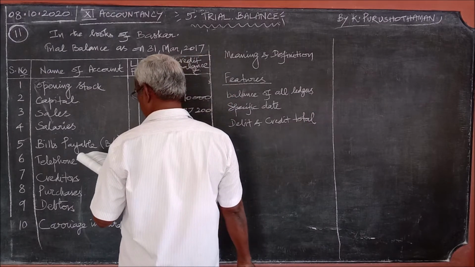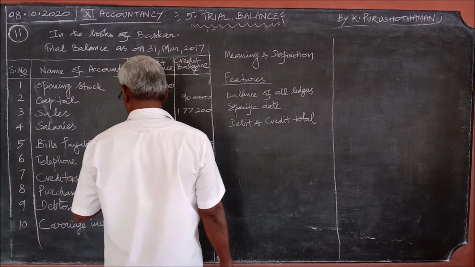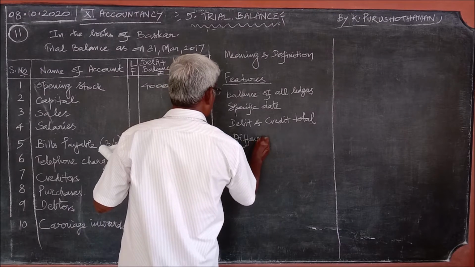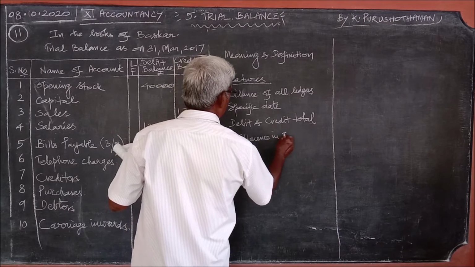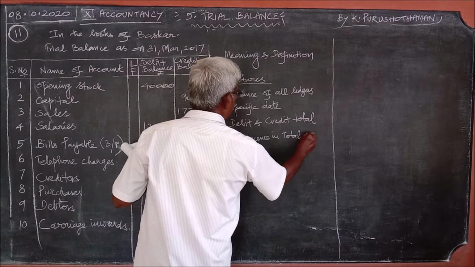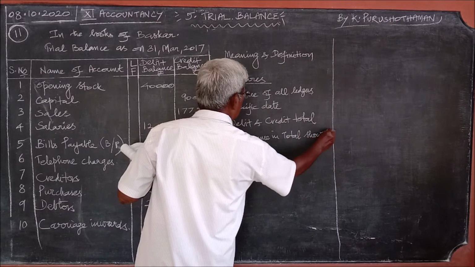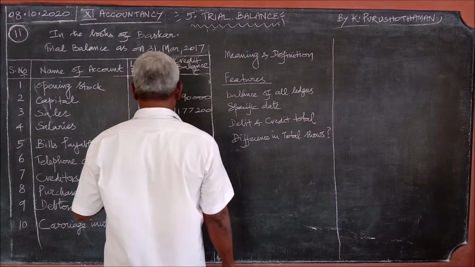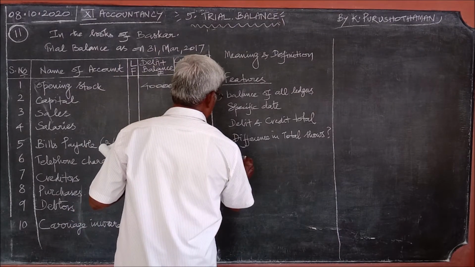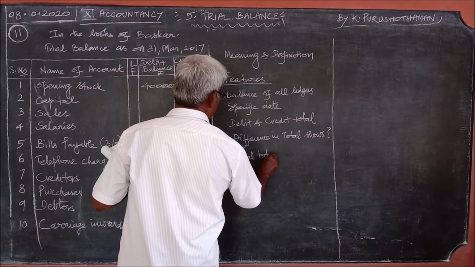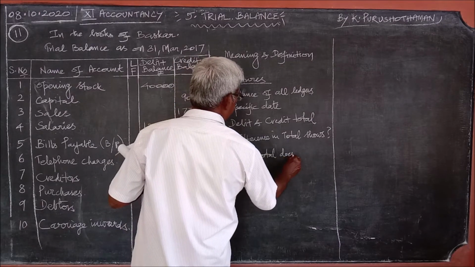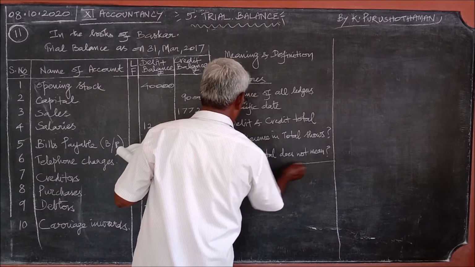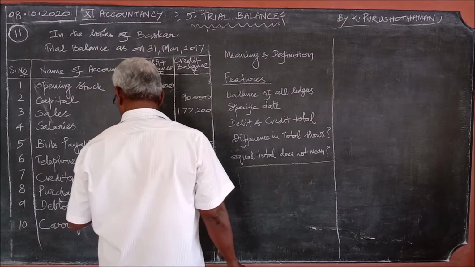Number four, difference in total shows what? That is the next question. And the last one, equal total does not mean what? Then these are all features.